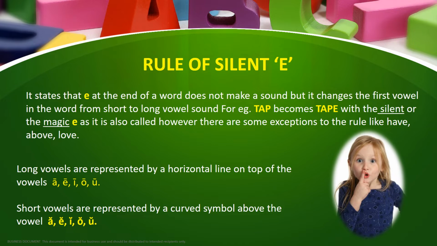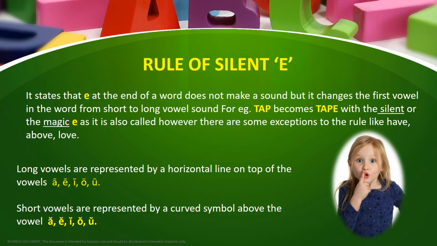Similarly, if E has a horizontal line on its top, it means E is a long vowel there, and it will give the sound of E itself. For example, tree. Tree will have an E with a horizontal line there. Okay? I. If I has a horizontal line, it means I will give its own sound, the sound of its name, like I. For example, in kite. In kite, I is sounding like I, so it will have a horizontal line on top of it.